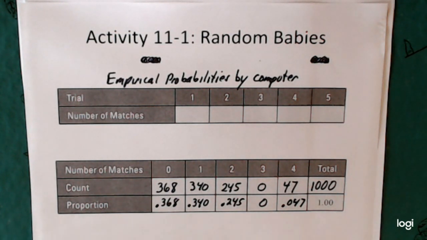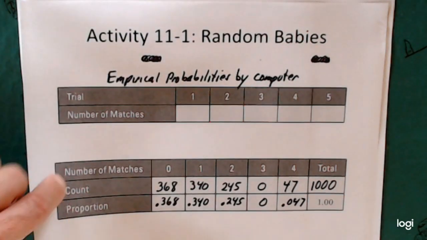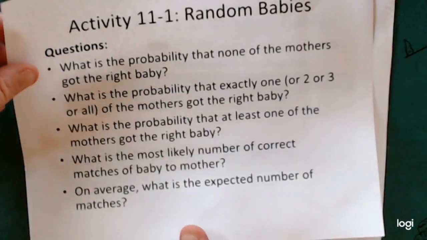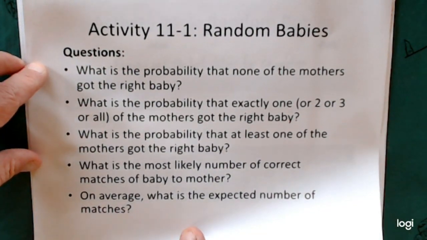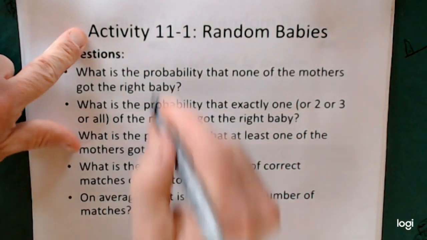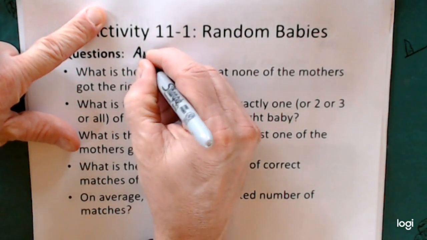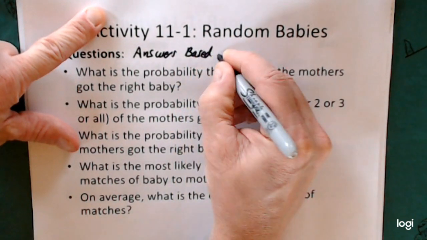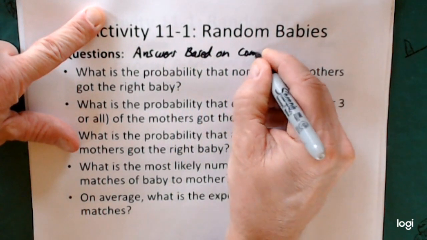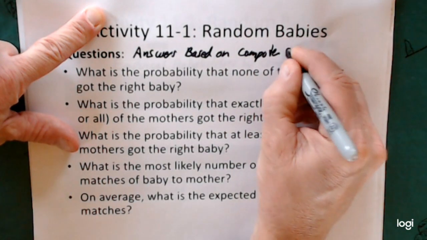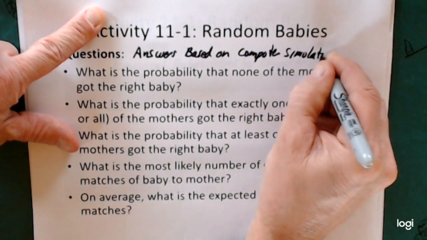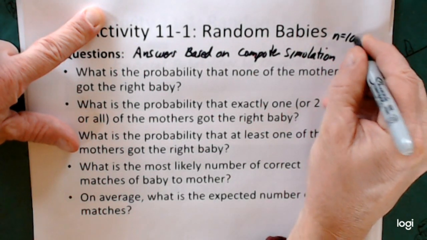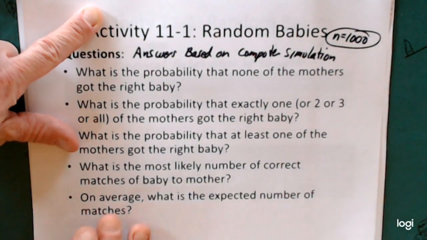Okay, so with that in mind then, we've got our questions that we asked about the random babies. What's the probability that none of the mothers got the right baby? And we're going to do our answers based on computer simulation with 1,000 trials.